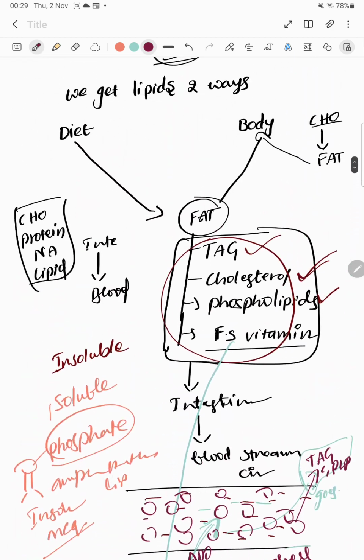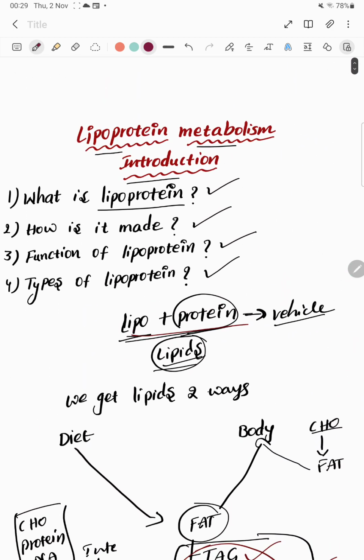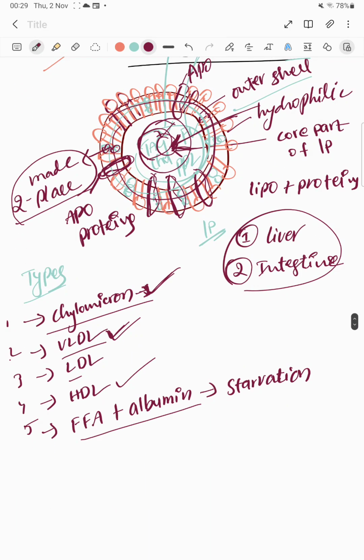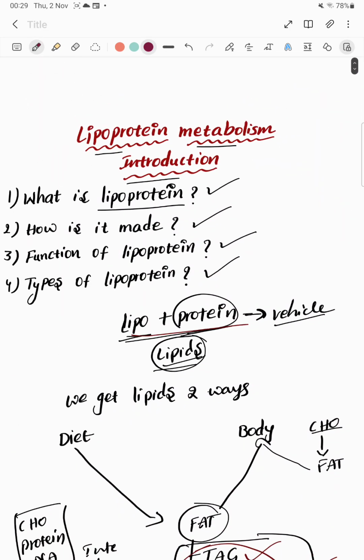So this is the introduction of lipoprotein metabolism. We'll see all the individual videos in the series of lipoprotein metabolism.